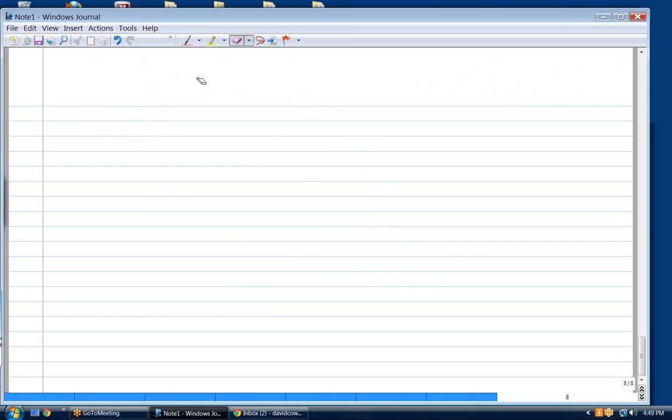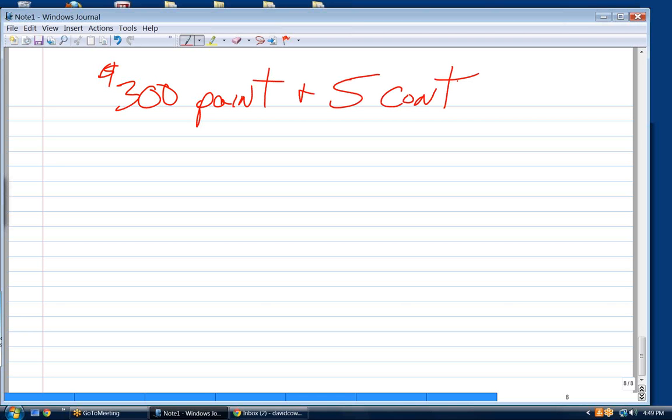So then the next one is, you start a business making painted flower containers. You spend $300 on paint and 5 containers. You charge $20 per container. How many containers do you have to sell to break even? So you spent $300 on paint and $5 on each container.